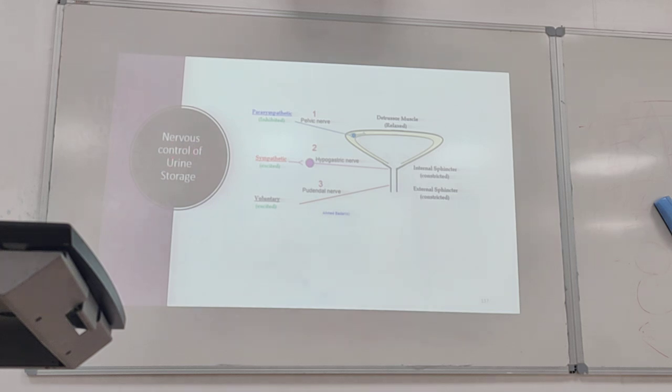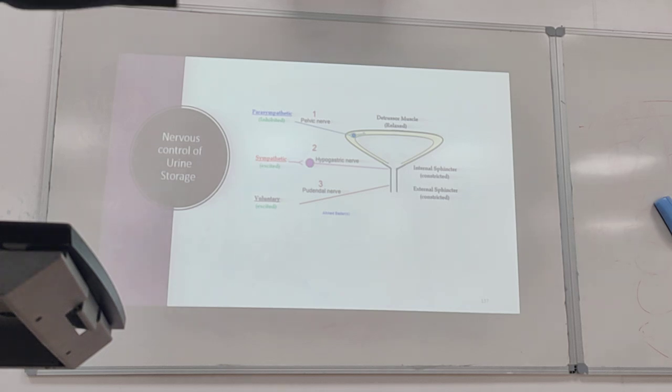How do we store urine? The answer is very simple. It is written here. Parasympathetic inhibited, because if parasympathetic is stimulated, the bladder will contract. Sympathetic excited, because when it is excited, the bladder is relaxed and the sphincter is closed. And the pudendal nerve excited, because when it is excited, the sphincter is closed.